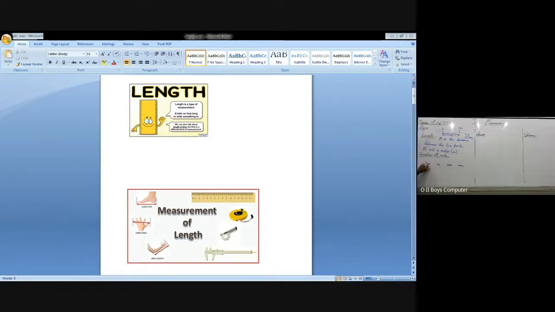The biggest one is kilometers, the smaller one is meter, another one is centimeters, and the smallest one is millimeter. And we know that 1 kilometer comprises 1000 meters, 1 meter comprises 100 centimeters, and 1 centimeter comprises 10 millimeters.